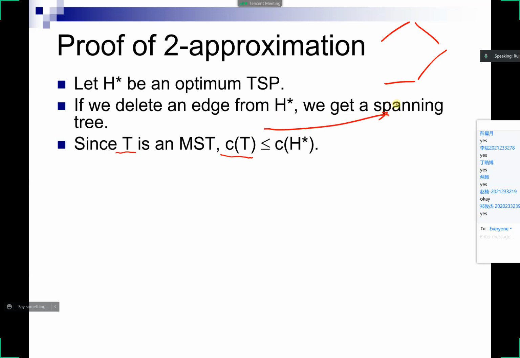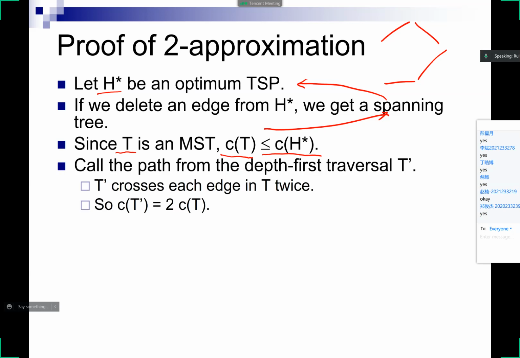And the tree you get from deleting an edge is only shorter than the original TSP tour, because you simply took out an edge. So the cost of our tree is no more than the cost of the original TSP. This is important: our MST is cheaper than the optimal TSP.